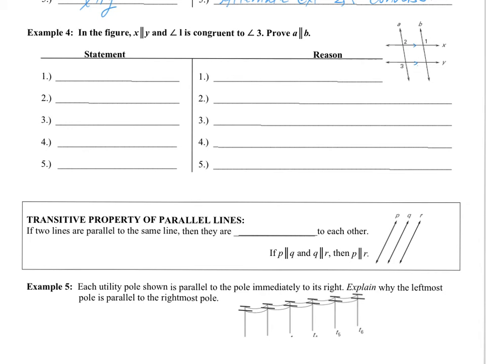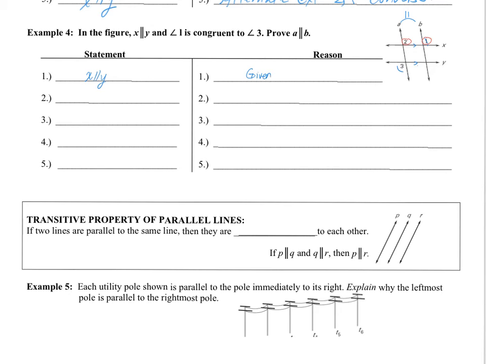And angle 1 is congruent to angle 3. Prove that line A and line B are parallel. To prove line A and line B parallel, I need to perhaps state that angle 1 and angle 2 are congruent with my given information. So I'm going to begin with x is parallel to y.